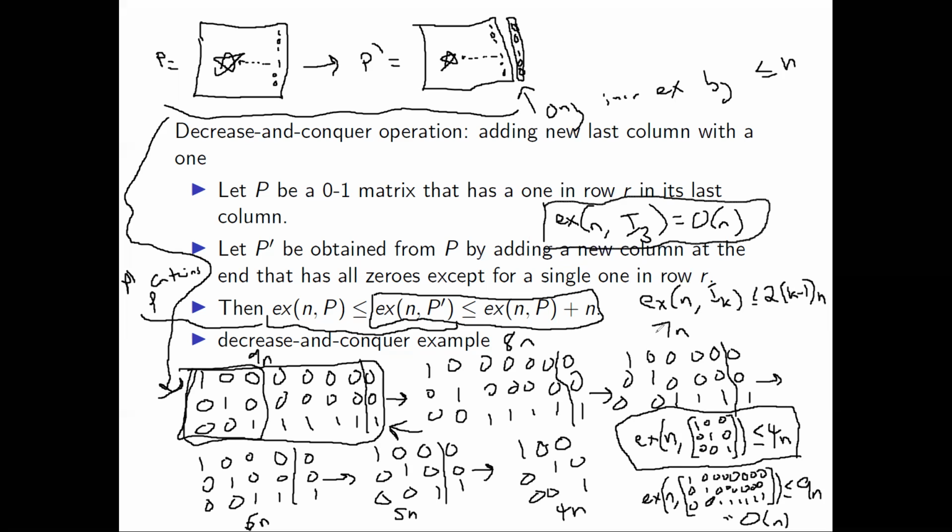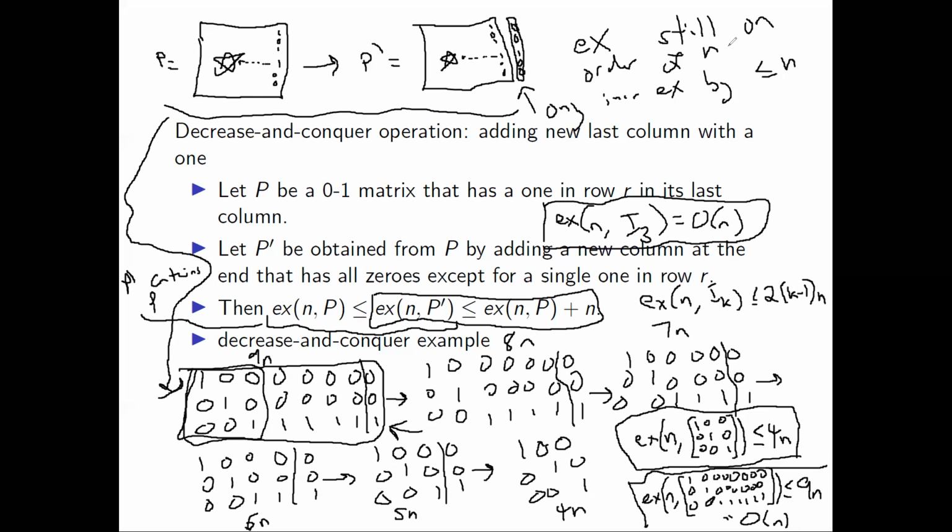It's linear in n. And this larger one that has the tail that we added to the identity matrix is also on the order of n. So EX for that example is still on the order of n. And that's why these kinds of operations are interesting, because they don't change the order of the extremal function.